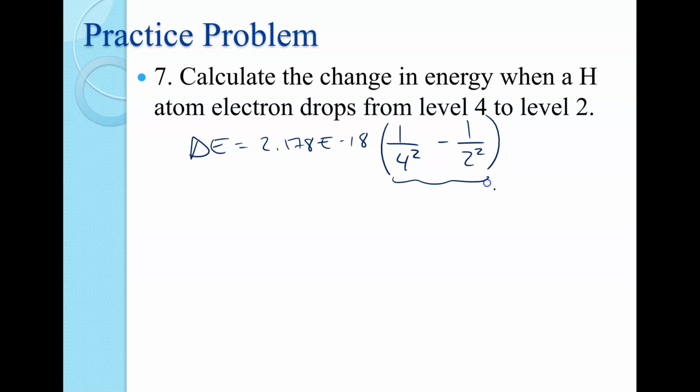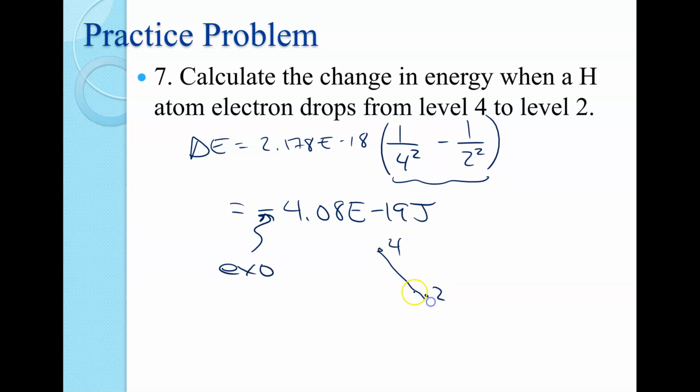Okay, this part you can do in your calculator with parentheses. Multiply it all out, and you end up with a negative 4.08 E negative 19 joules. And it is negative because it's exothermic, because it went from 4 down to 2. It's exothermic. Okay? That's all the negative means.